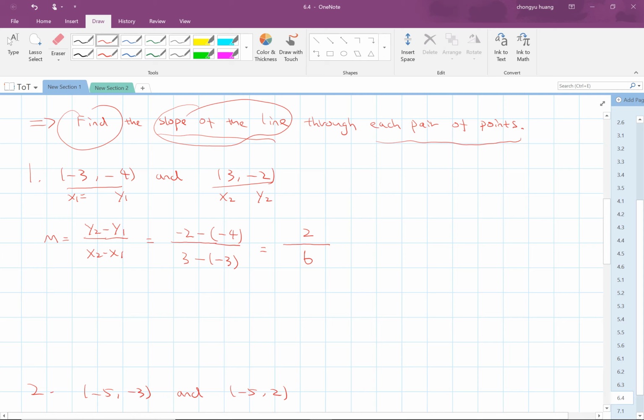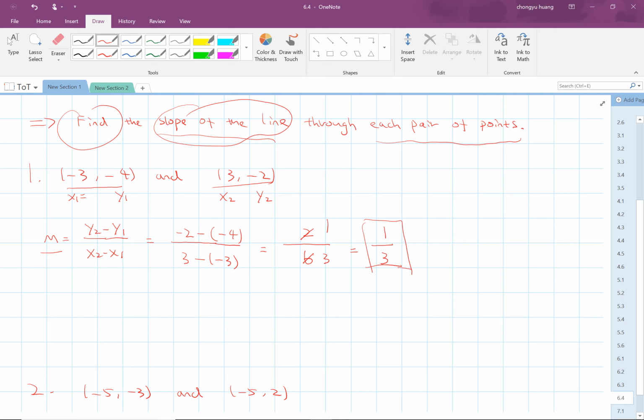Now we can cancel some terms to get a simplified form, and we find m is equal to 1/3. So the answer for question 1: the slope of the line is equal to 1/3.